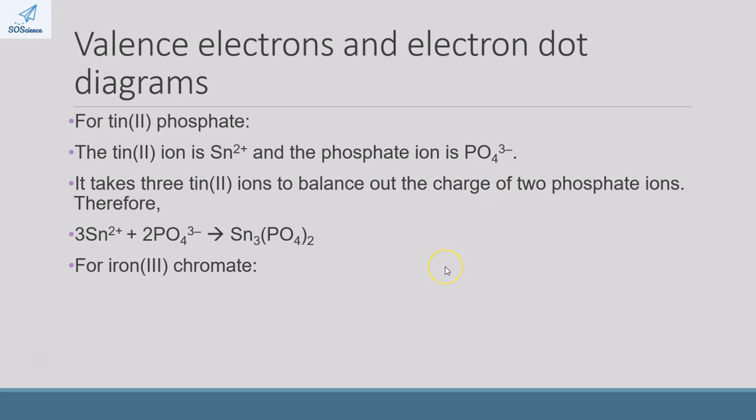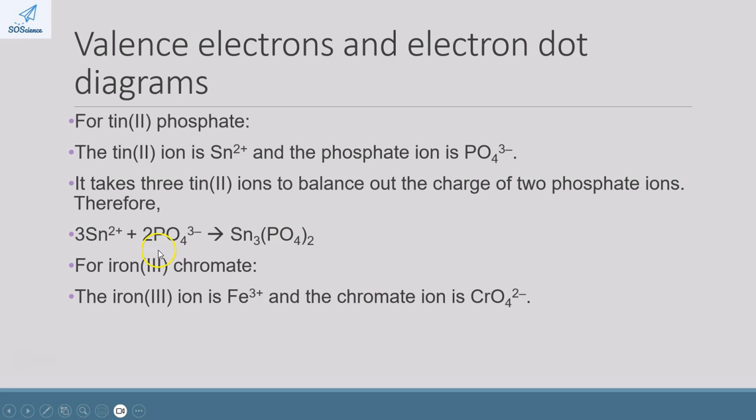Let's take a look at iron(III) chromate. The iron is Fe³⁺, and the chromate ion is CrO₄²⁻. So that means that there is a Cr atom with 4 oxygen atoms surrounding it, and the whole ionic compound has 2 extra electrons on it, whereas an iron(III) ion wants to give away 3 electrons.